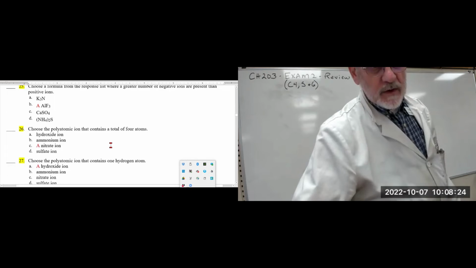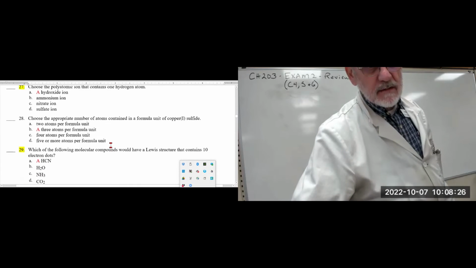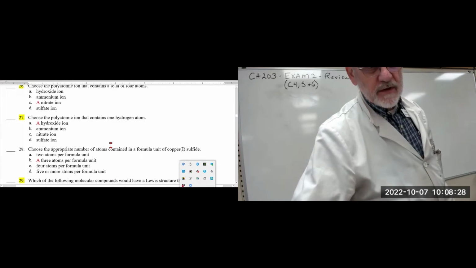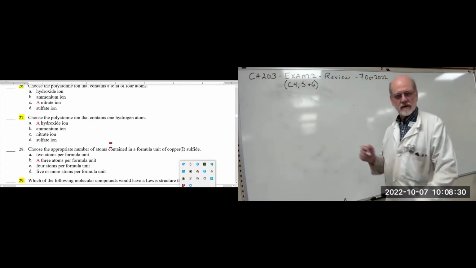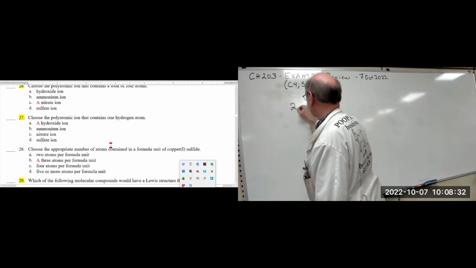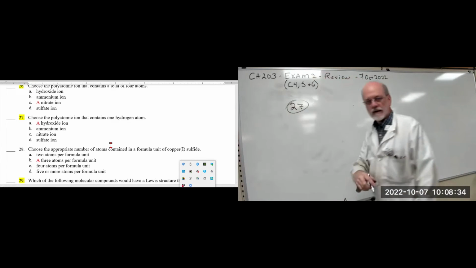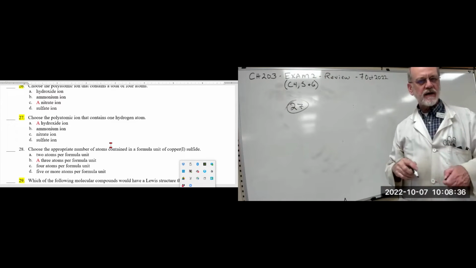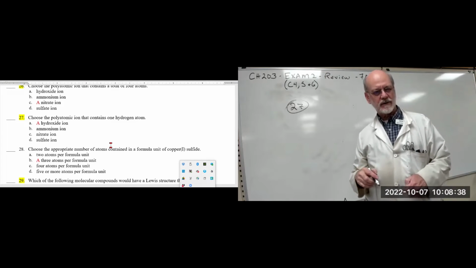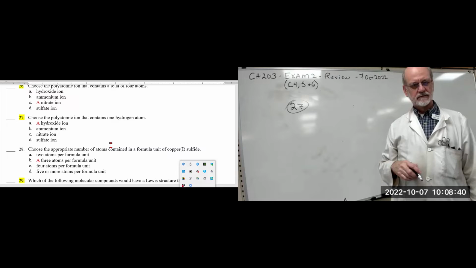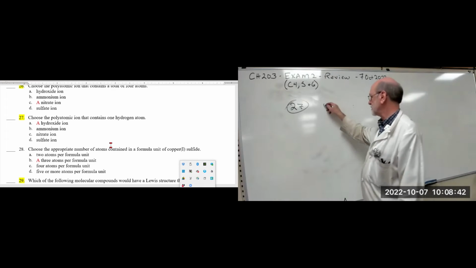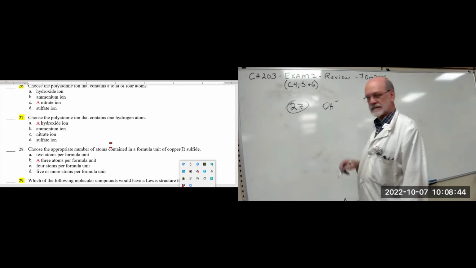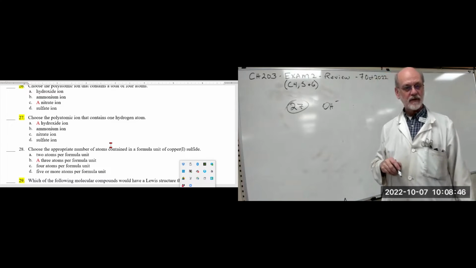Let's see, scroll to 27. Yeah, we'll put 27 right there. Choose the polyatomic ion that contains 1 hydrogen atom. That works.